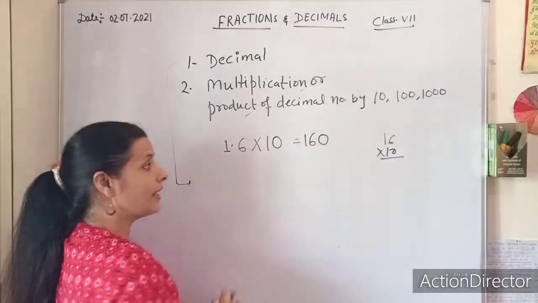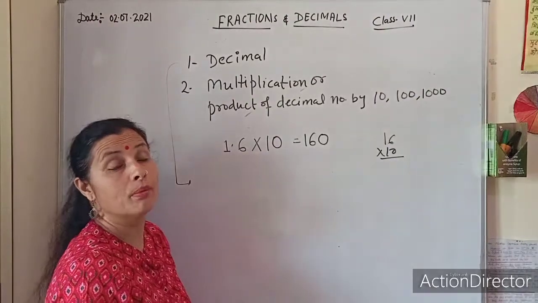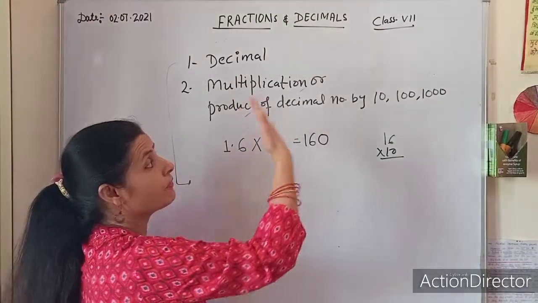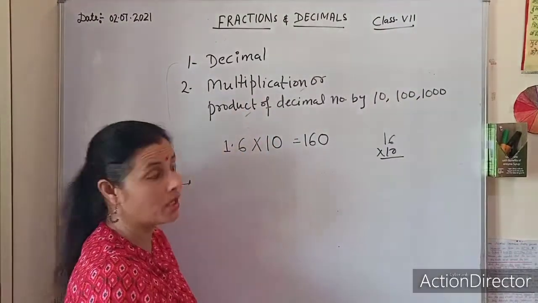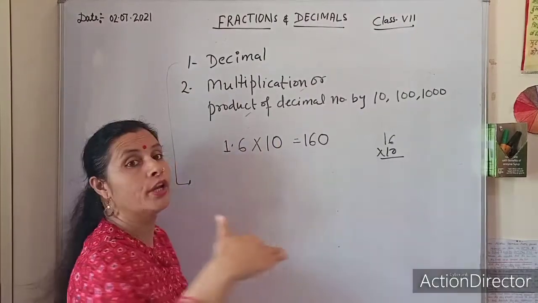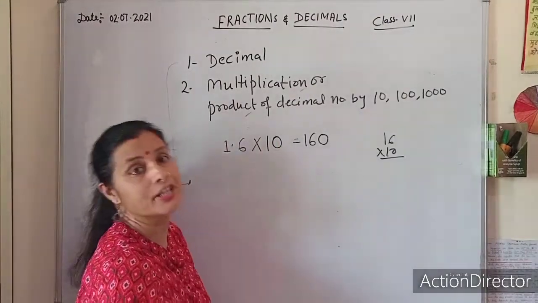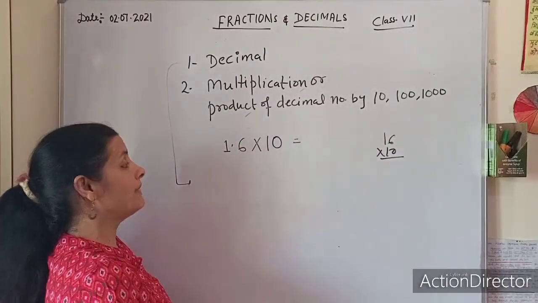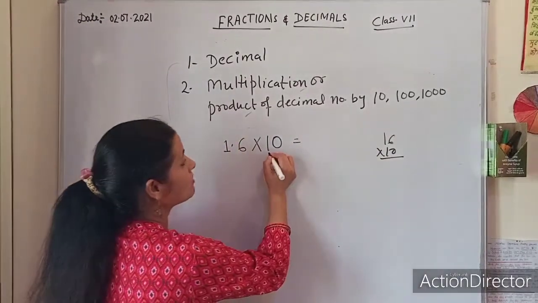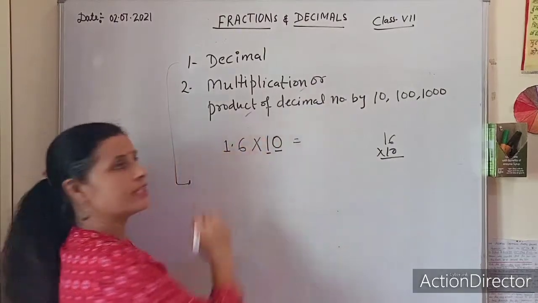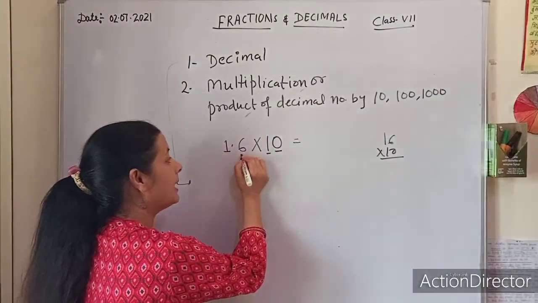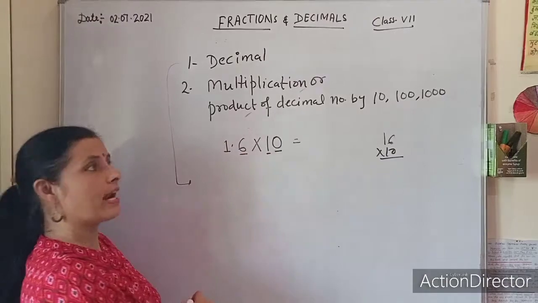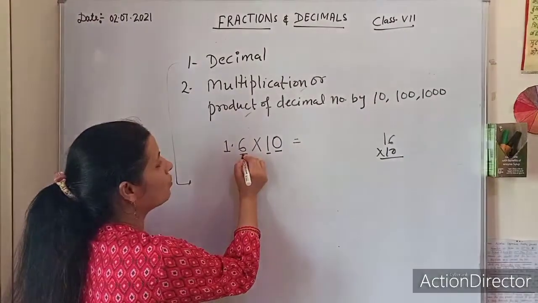But here we are not going to solve it in that way, because it is the multiplication of decimals. So here we are not going to use that traditional method. What will we do? Here we will see how many zeros are followed by 1. There is one 0 followed by 1. And how many digits are there after the decimal? There is only 1 digit.